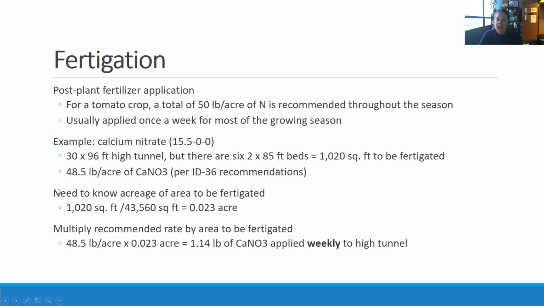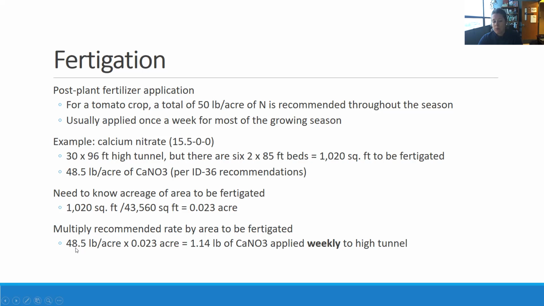I got this number from the recommendations in ID 36. There is a table in there, and that is the example it gives. That's like a moderate application of calcium nitrate. So convert your 1,000 square feet into acres. I just like working with acres. You could do it the opposite, I guess. Convert this into pounds per square feet if you wanted to.